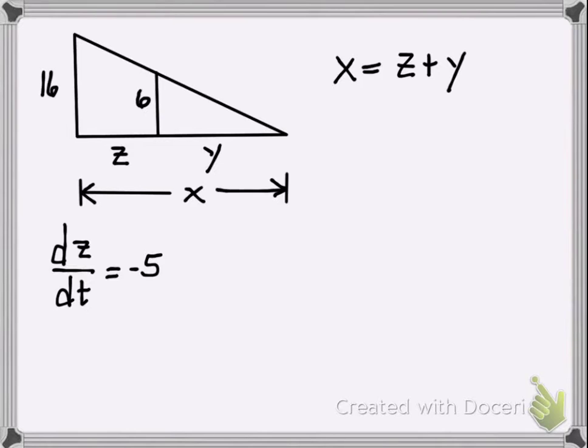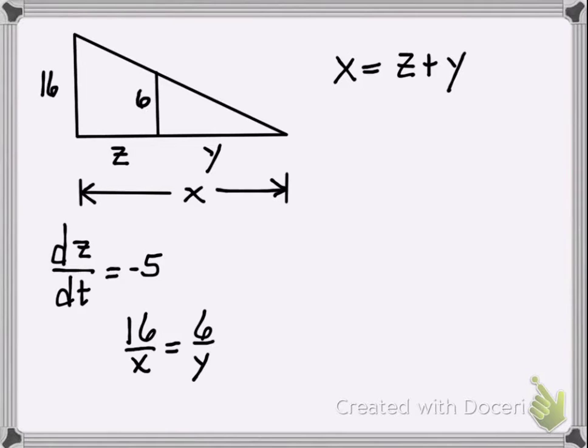Another thing we can say about this triangle is we can use the geometry of similar triangles to make a relationship. One thing we can say is that 16 over x is equal to 6 over y. So the vertical side of the big triangle divided by the horizontal side of the big triangle is equal to the vertical side of the small triangle divided by the horizontal side of the small triangle.